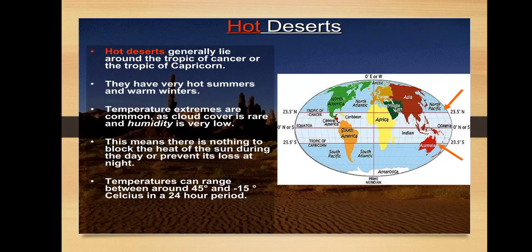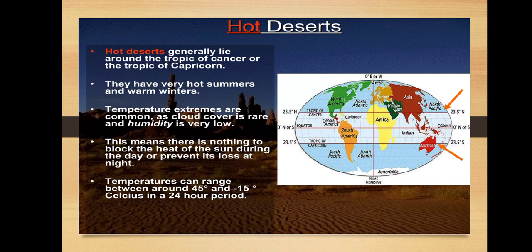So, to be more detailed, hot deserts generally lie around the Tropic of Cancer or the Tropic of Capricorn. The upper portion of the equator will be the Tropic of Cancer, and the lower portion to the south is the Tropic of Capricorn. They have very hot summers and warm winters.